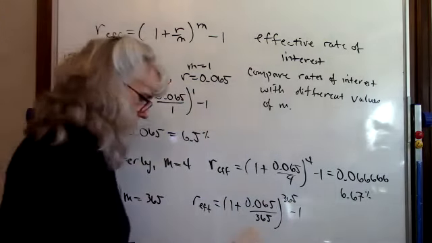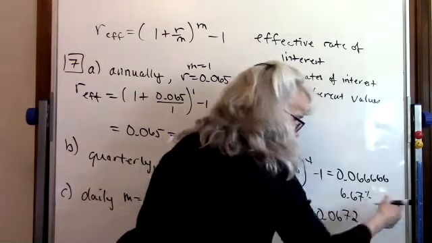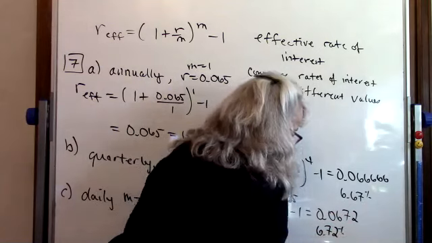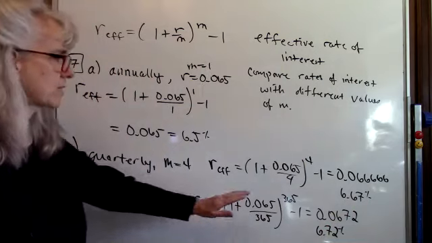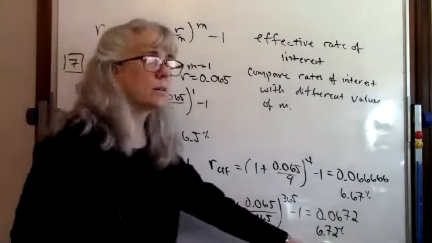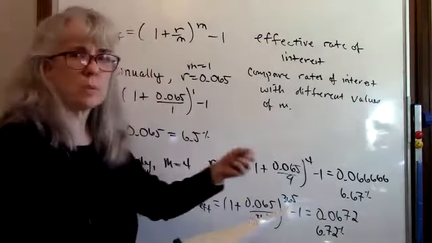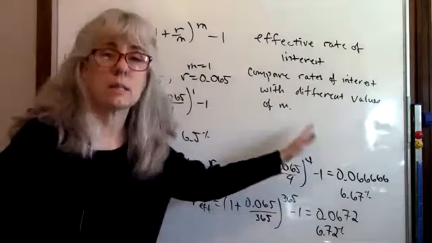Running that through the calculator, we get 0.0672. There's more decimals out there, but we only need this. So that's 6.72%. So a daily rate of 6.5% corresponds to a yearly rate of 6.72%. So you can kind of see how the compounding period is working for you because these interest rates as an effective rate of interest are increasing and getting larger.